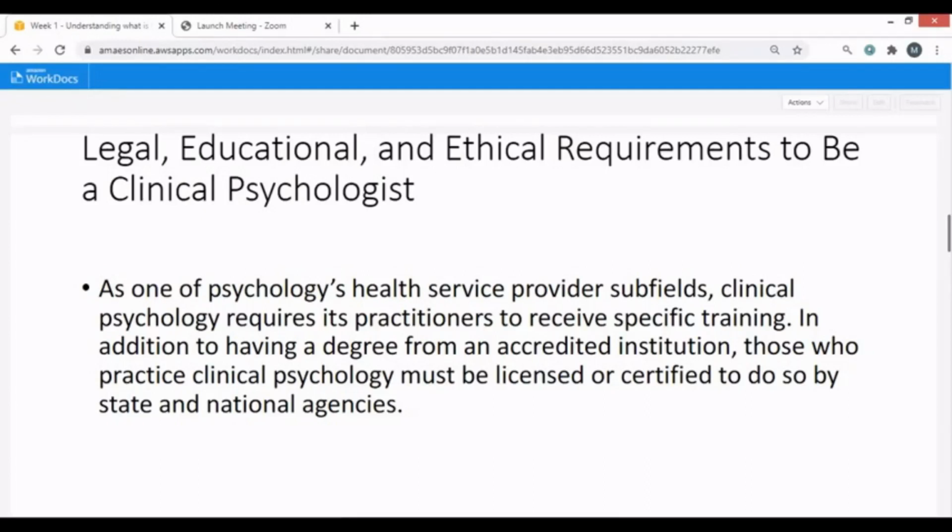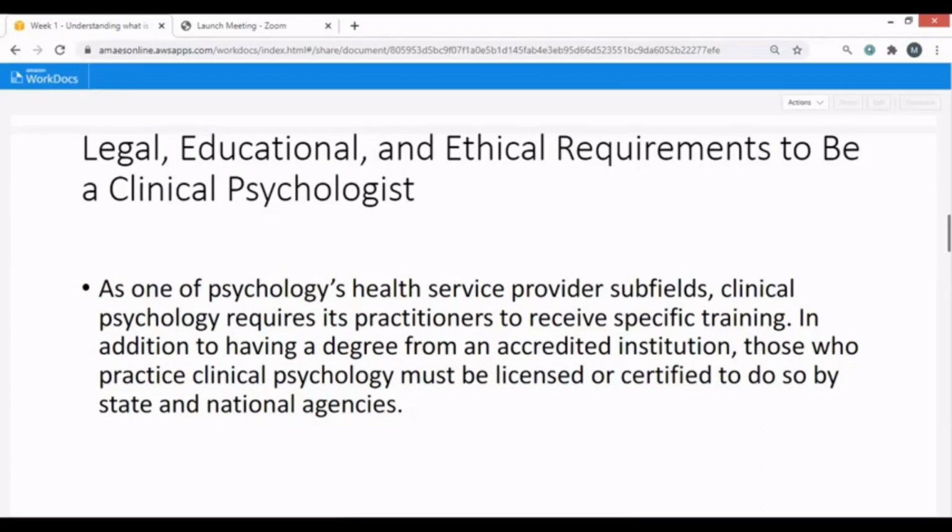Fully licensed clinicians can rent or own their offices, set fees, establish work hours, bill insurance companies and other third parties, consult, testify in court, and engage in any number of other activities characteristic of independent private practice.